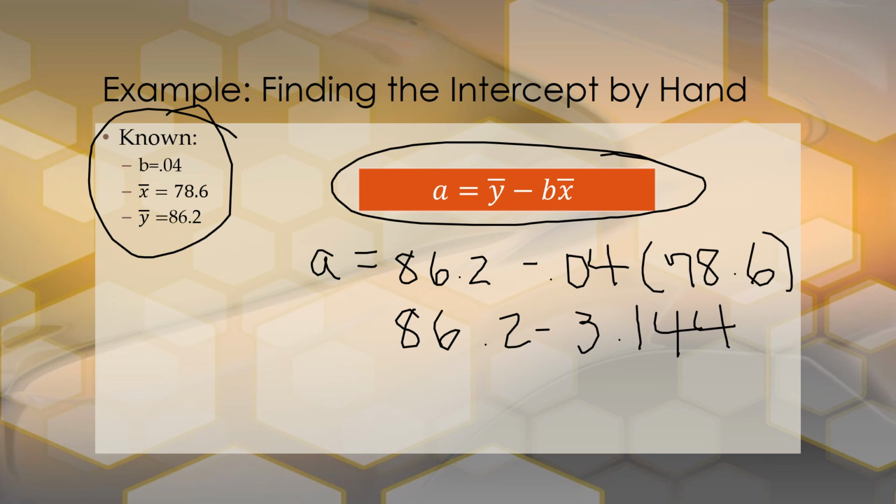Let me put that in my calculator. And I get 83.056. So that's our intercept, our y-intercept. So it's not too bad as long as we have the information that we need.